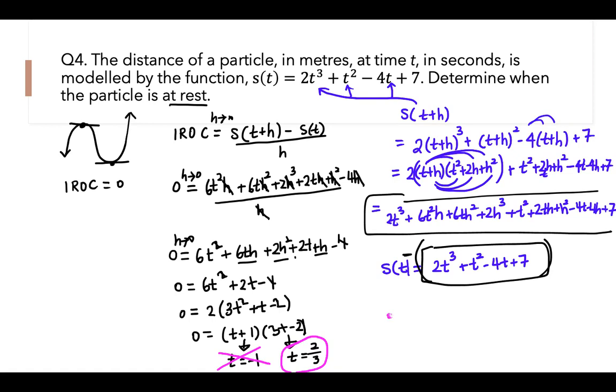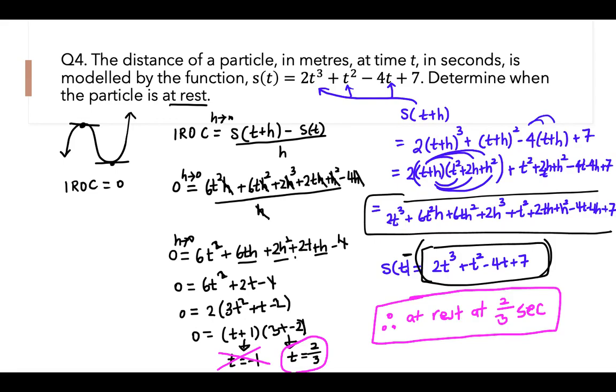So therefore, it's at rest at 2 over 3 seconds. Make sure you double check your answer by looking at the context of the question to see if it could be negative depending on scenarios.